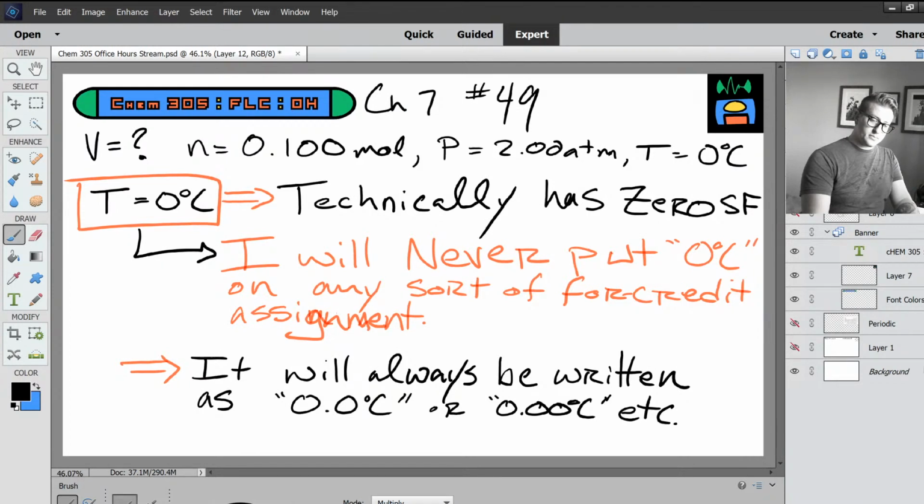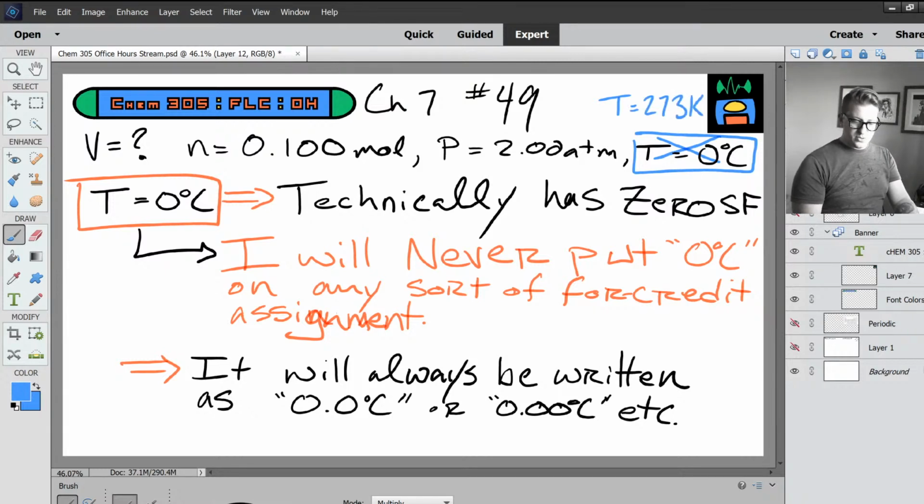So I'm just going to rewrite this. We have to convert it to Kelvin anyway, right? That's 273 K. Let's use all three of these sig figs and just call it good. So we got 3 there, 3 there, 3 there. Our ideal gas constant has 3.